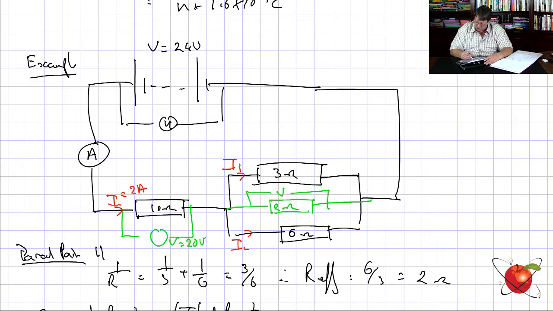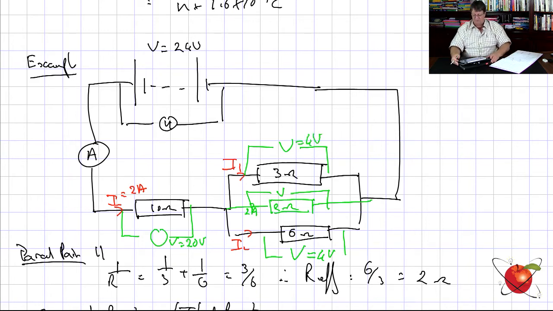Remember, 2 amps are going to flow through that because this is my effective, the ghost resistor. So therefore, it's 4 volts. Equals 4 volts. The other way was to say, hang on, 20 volts, so the total across the parallel must be 4.